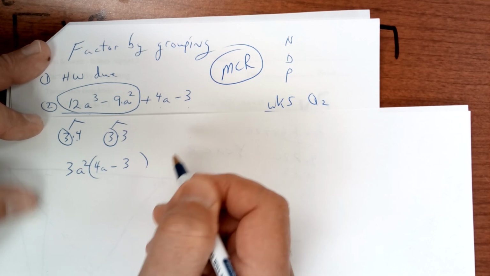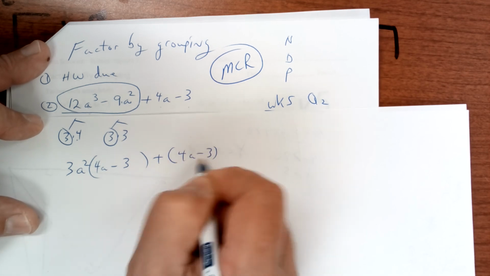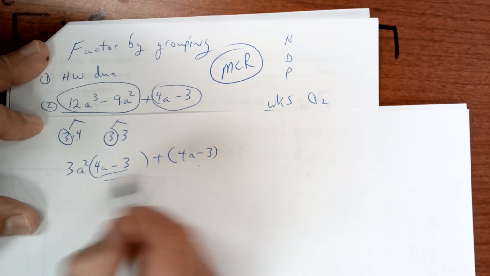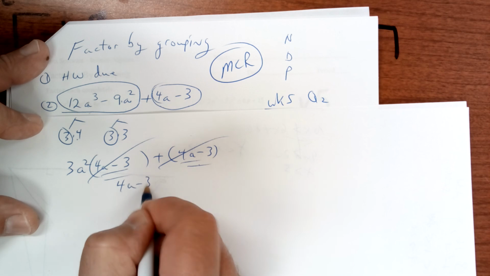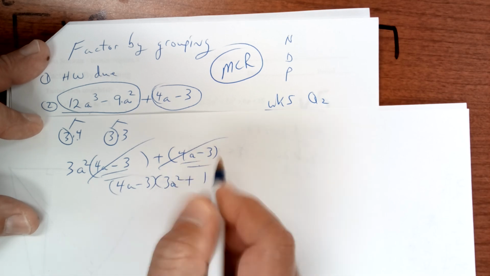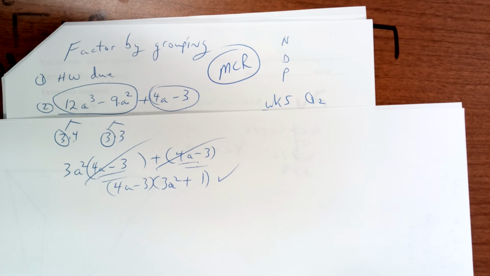And so here, we already have the 4A minus 3. You can't take anything out of this one. But there it is. See, that's the same as that. So now I'm going to take one of those out, and then I'm left with 3A squared plus 1 when you take the whole thing out. And there's the answer for that. And that's called group factoring.